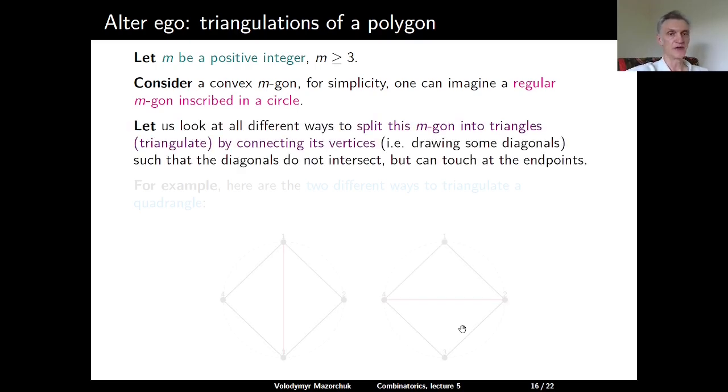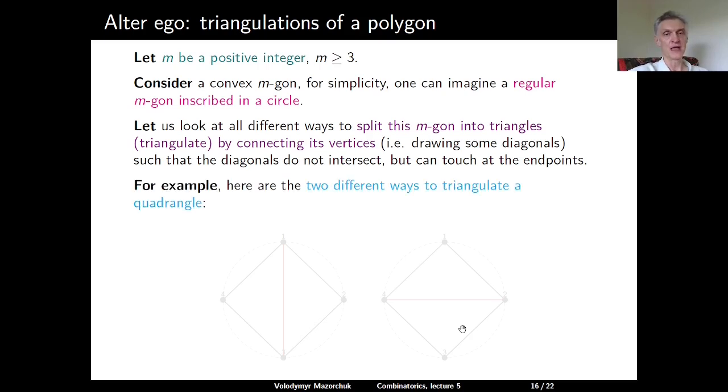Let us look at all different ways to split this m-gon into triangles, or triangulate it, by connecting its vertices, and a line connecting two vertices of an m-gon is usually called a diagonal. So we triangulate an m-gon by drawing diagonals, and the condition is that the diagonals are not allowed to intersect, but they can touch at the endpoints.